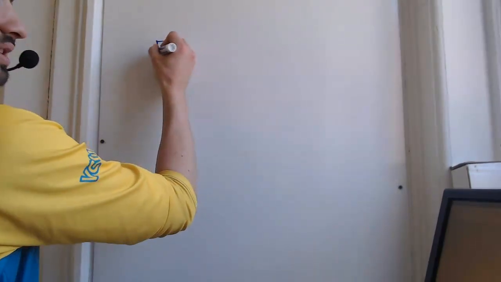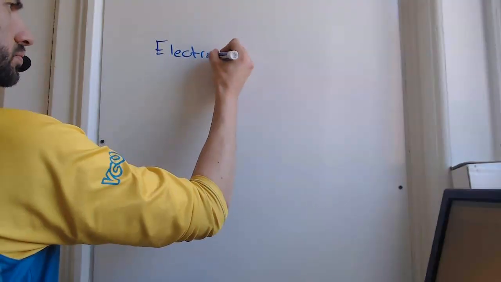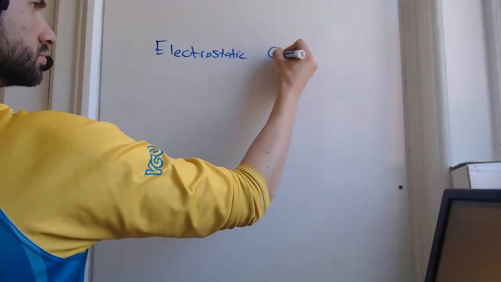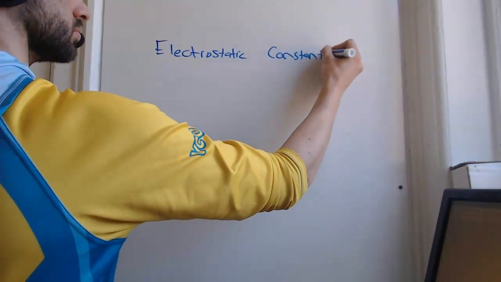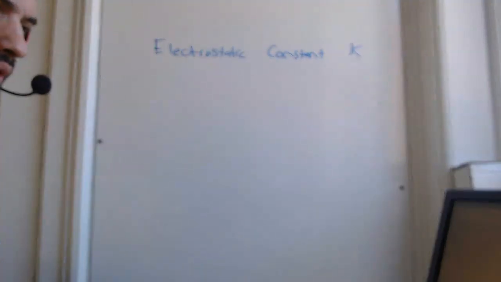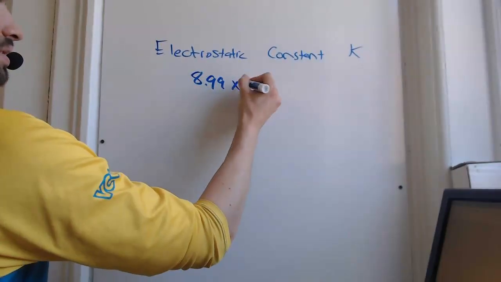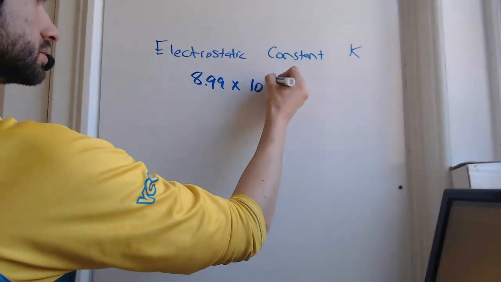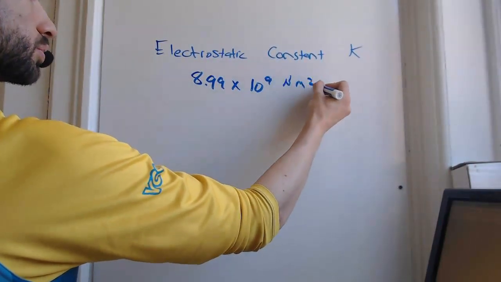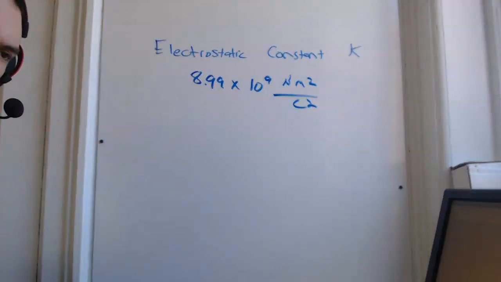I will just write it down for you. If you go to your reference table, you will find something that says electrostatic constant, with a value of 8.99 times 10 to the 9th newton meters squared per coulomb squared.